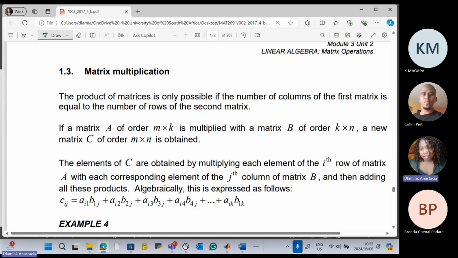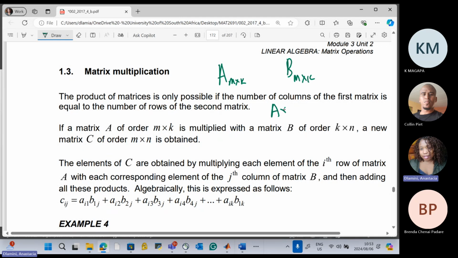Now, let me summarize this. If you have a matrix A of order M, it has M rows times K columns. And you have matrix B, it has M rows times K columns, right? For you to be able to do matrix multiplication, this must hold.